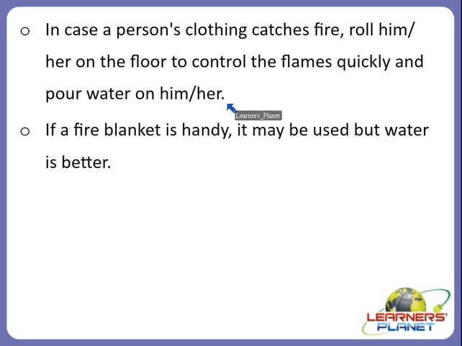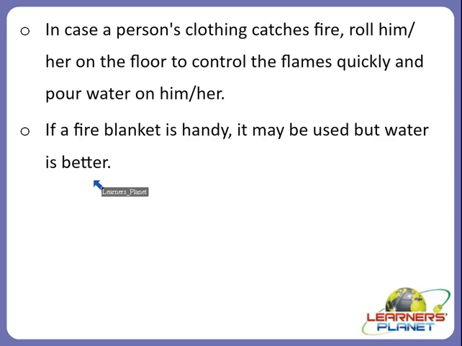But if a person's clothing catches fire, then we can pour water on the person. So water is the best medium for that. And if a fire blanket is handy, then it may be used, but water is a better method to use, right?